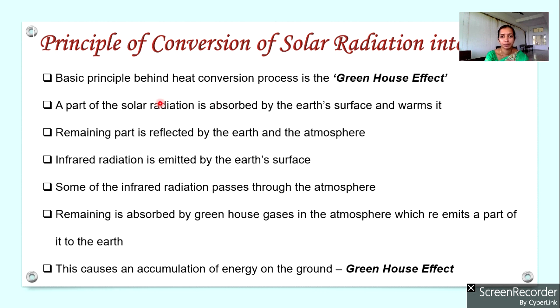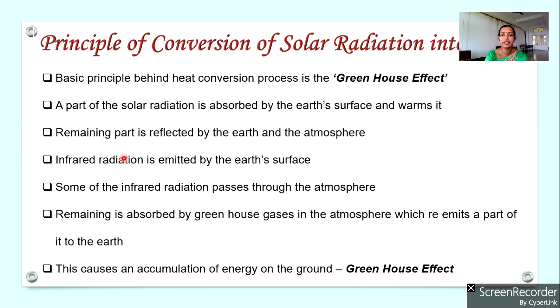We know that among the radiation that is coming from the sun towards the earth, a part of the radiation is reflected back by the earth and the atmosphere, and the remaining radiation is absorbed by the earth's surface. When the surface of the earth absorbs this radiation, the earth warms, the temperature of the earth increases.